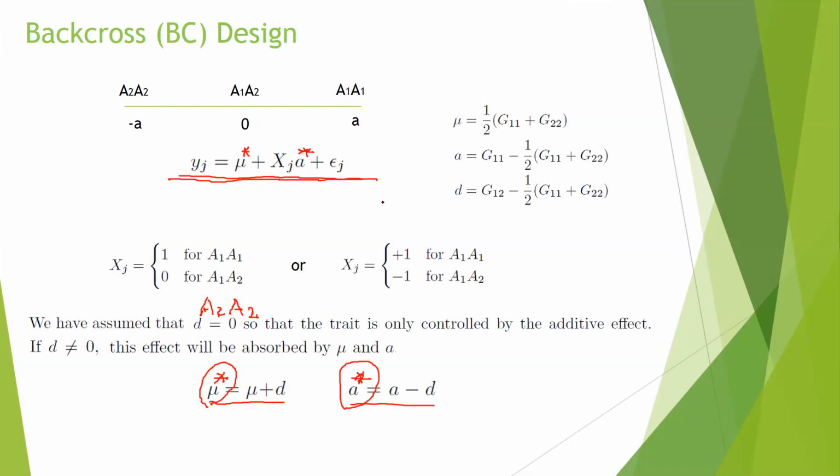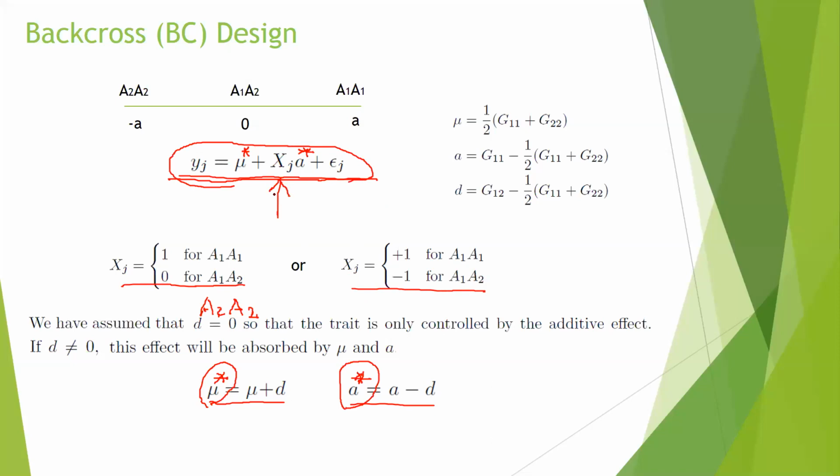Why do we assume 1 or 0 for xj, or +1 or -1 for xj? Oh, okay. So you mean this, right? Yes. So when you use this model to do the analysis, we have our own option to define this X random variable.